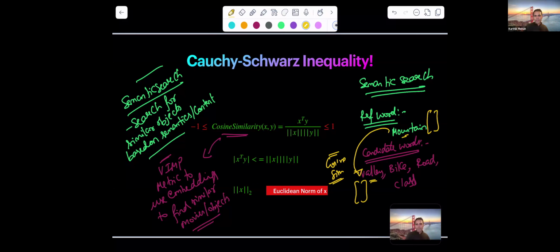And then maybe the next closest might be road, perhaps, because sometimes roads go through mountains, but yeah, valley definitely is the closest, right? So this is semantic search: given a reference word, a reference sentence, what's the most appropriate candidate that's closest to it?